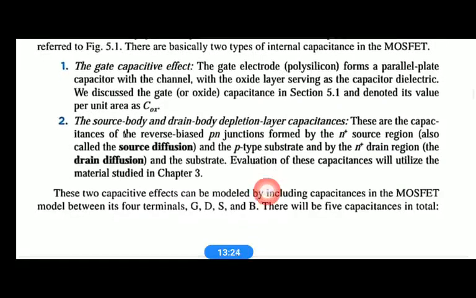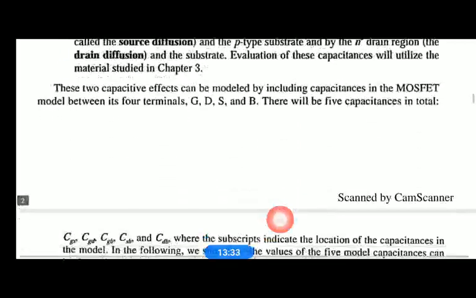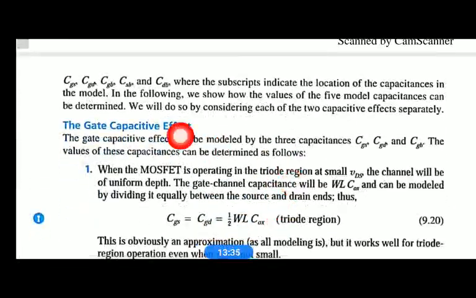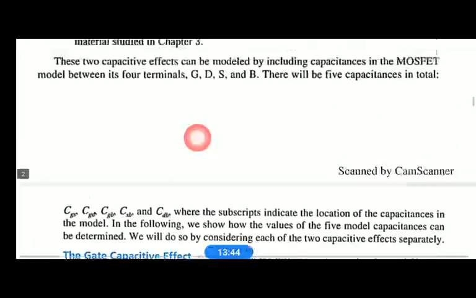Here you can see in total we have 4 terminals: gate, drain, source and body. Together they give you a total of 5 capacitances. First are the gate capacitive effects, which we will see first.